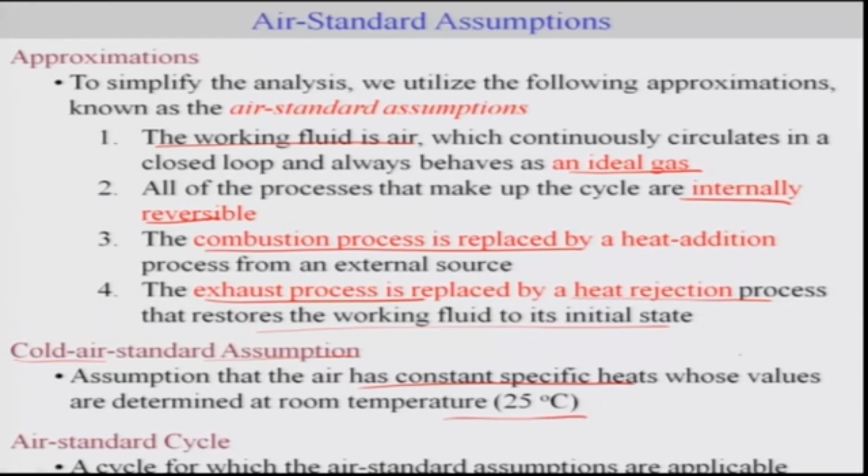That means the Cp or Cv are going to be constant, which we are going to fix at 25 degrees Celsius. So we are not going to consider the variation with temperature in the analysis of specific heat. The cycle to which we apply this air standard assumption would be called the air standard cycle.